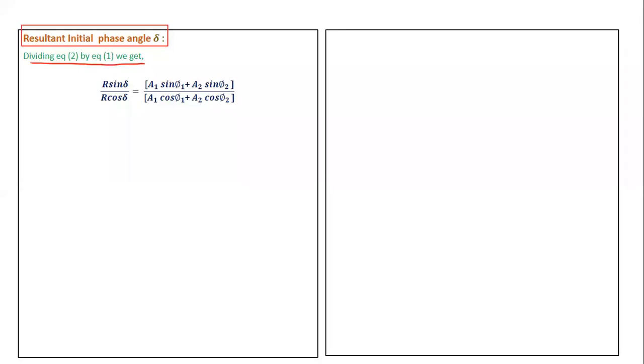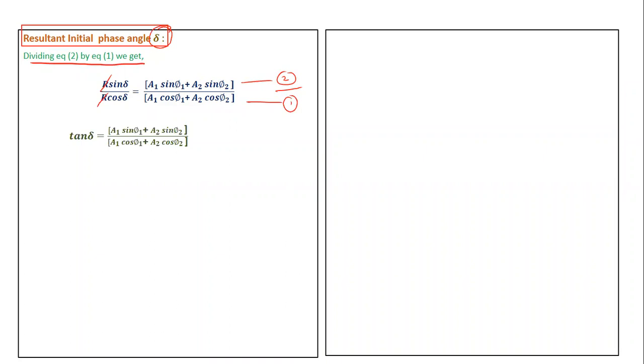So this upper side you can see here, this is equation 2 divided by this is equation 1. Then here R gets cancelled. Sine divided by cos is tan. So tan delta we get on the left hand side. Right hand side as it is. But we have to find out this phase delta.